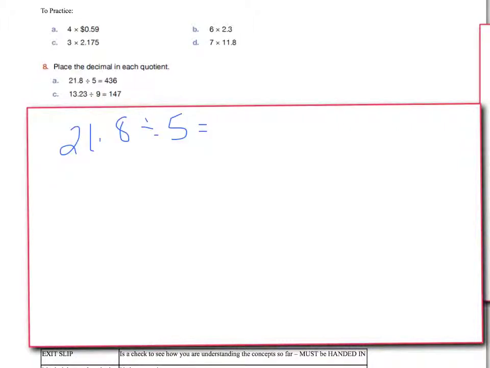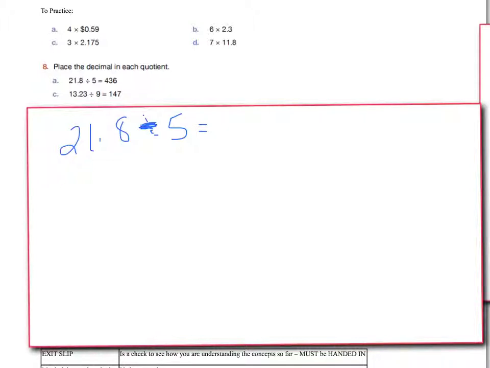Right, so if I have 21.8 divided by 5, make that division sign just a little bit clearer. Sorry, iPad pens just really are not quite as exact. If I'm thinking of something that is close to 21 8/10 that can be divided by 5, well, 5 times 4 is 20.